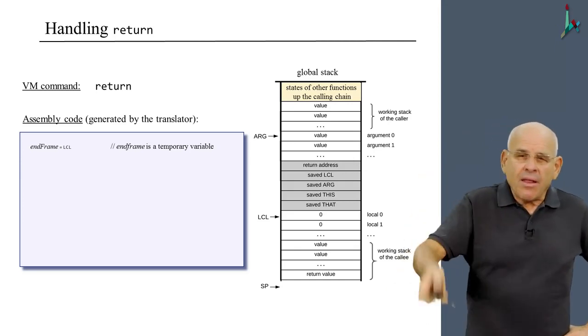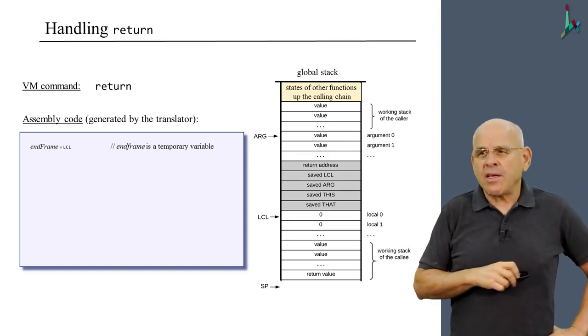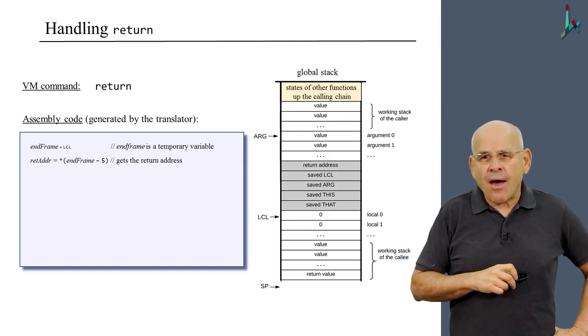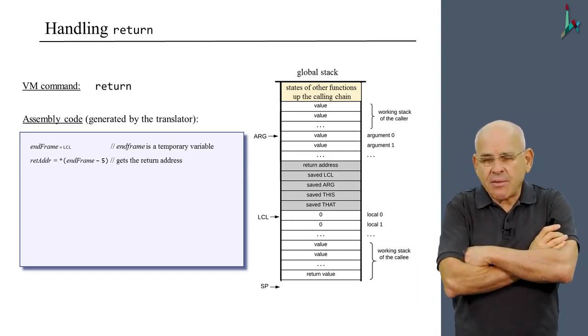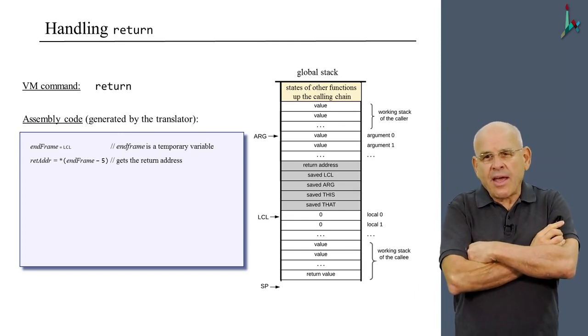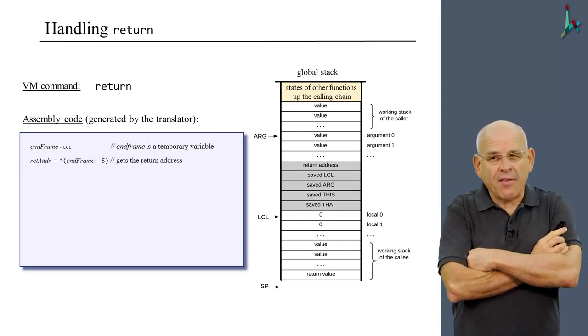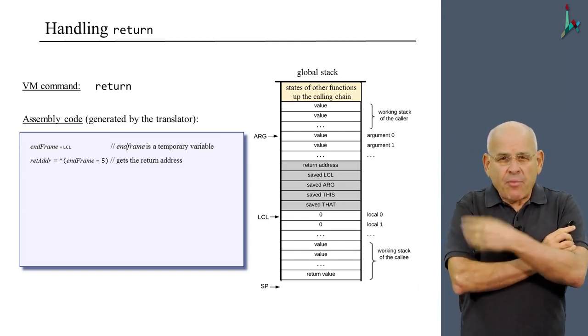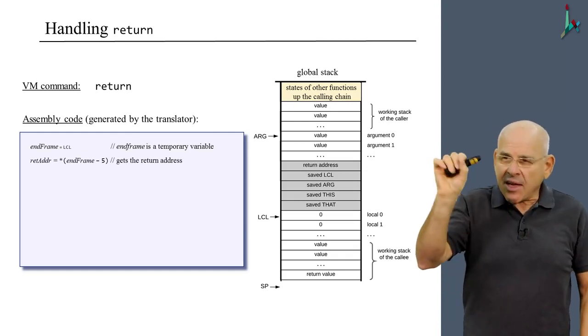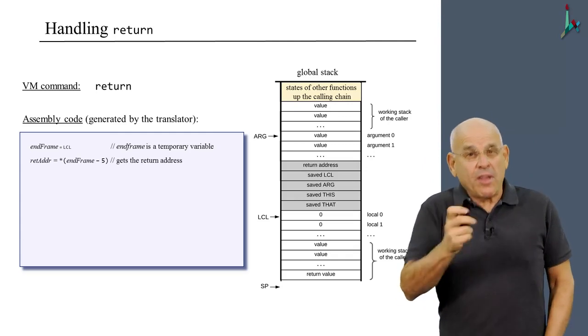The stack is obviously stored in the host RAM somewhere. Now the return address must be the contents of the word end frame minus 5. So end frame, which is like LCL, if you go minus 5, you hit exactly the address of the return address.